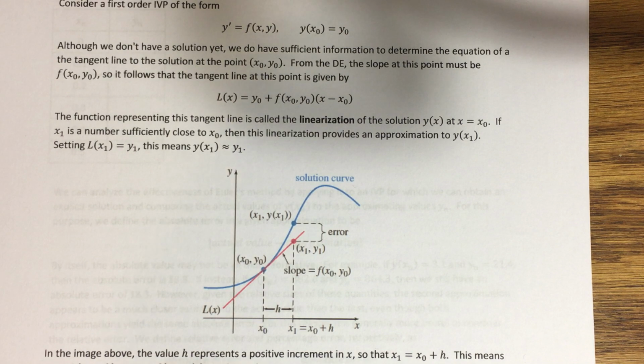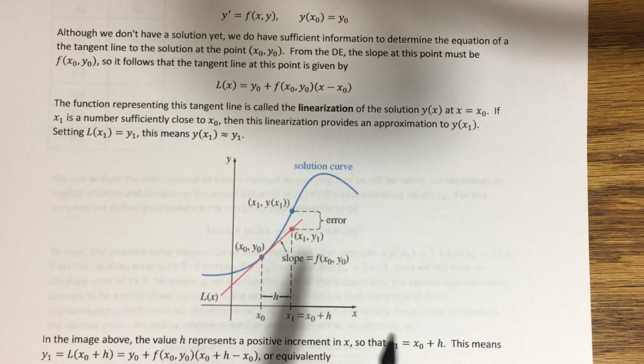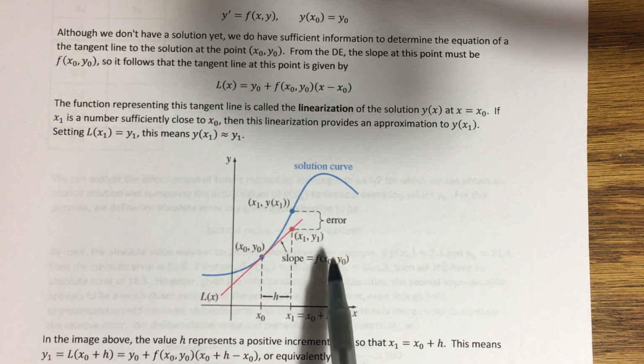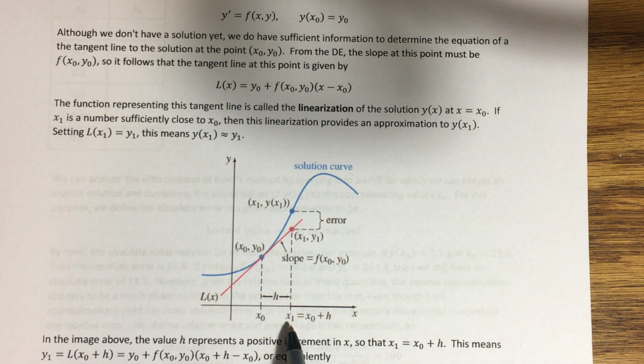Okay, but let's take that idea. I want to use y1 as an approximation to y of x1. So using our linearization that we defined up here, how do you get an expression for y1? Well, remember, y1 came from plugging x1 into L of x, but x1 is the same thing as x naught plus h.